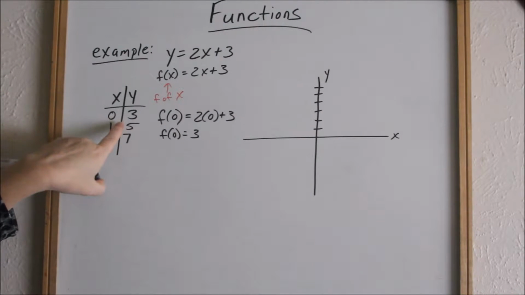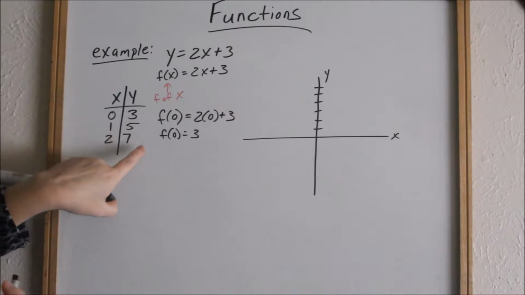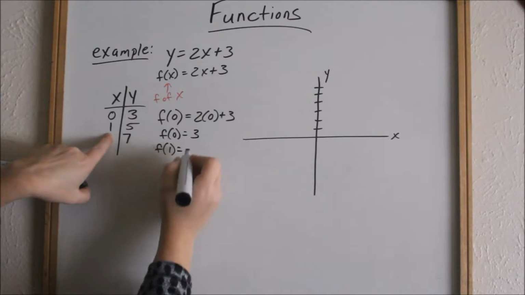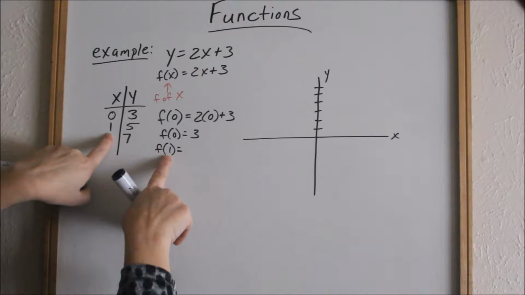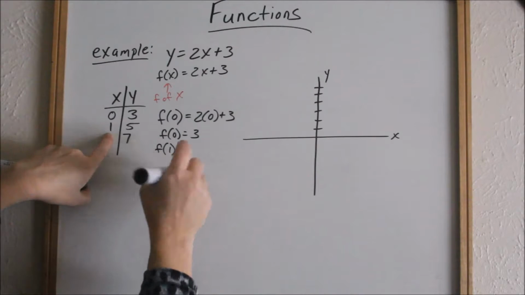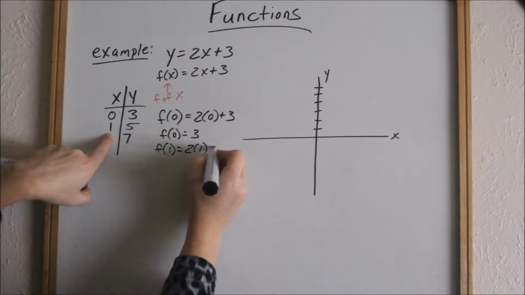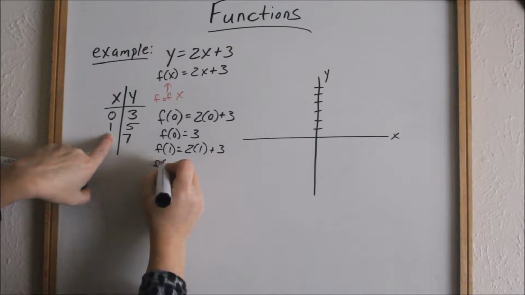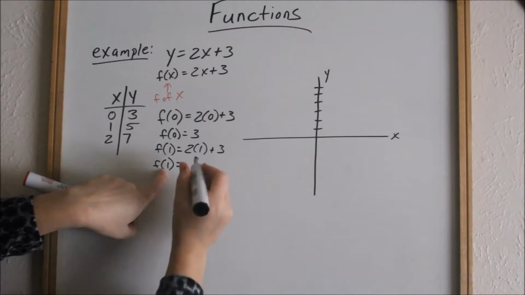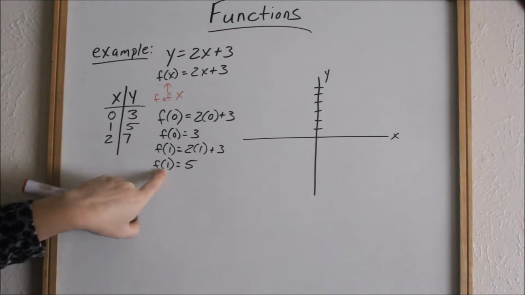It just basically made it into a coordinate. Same for 1. I'm putting in 1 for x, then I can call this f of 1. This is how it is read. This means I am putting in 1 for x: 2 times 1 plus 3. So f of 1, meaning when x is 1, y is going to equal 5.